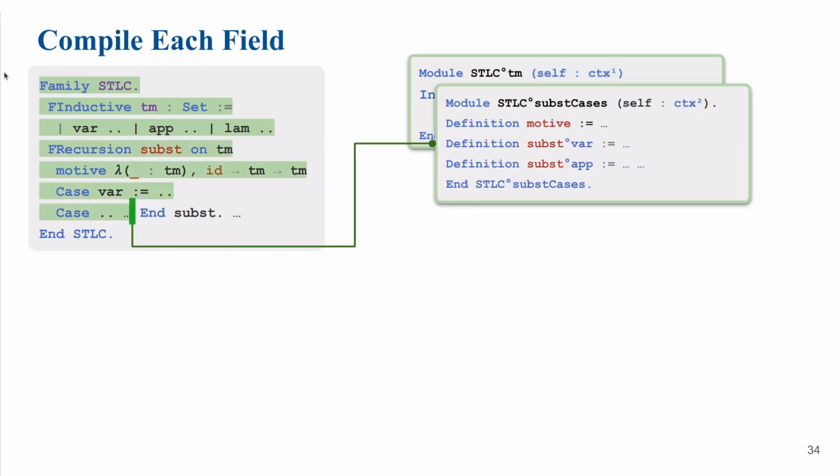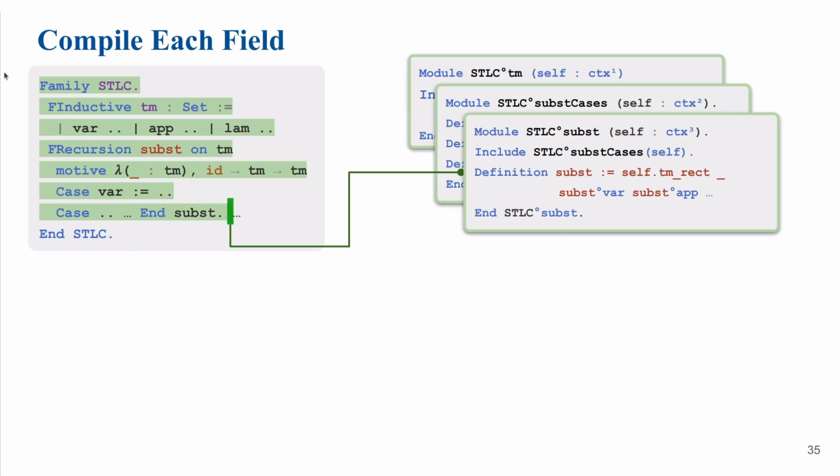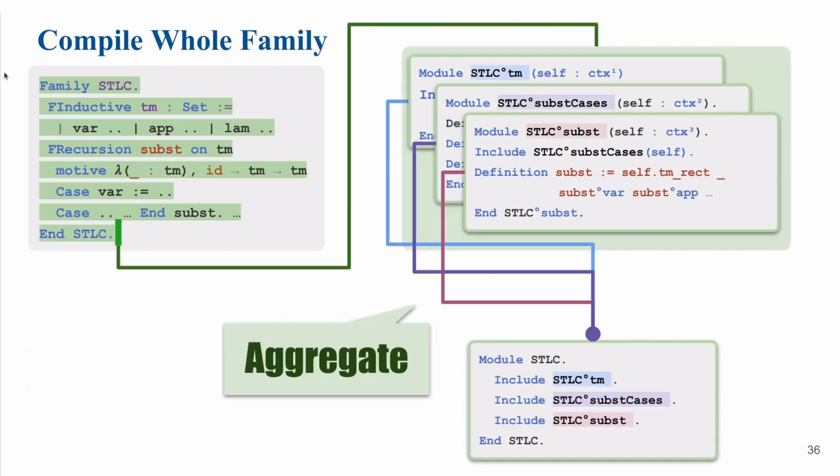And the programmer can interactively and incrementally navigate through a family using CoqTop. And this compilation happens when each field is defined. When a family is concluded, our plugin will aggregate those units into one standalone non-parameterized module.